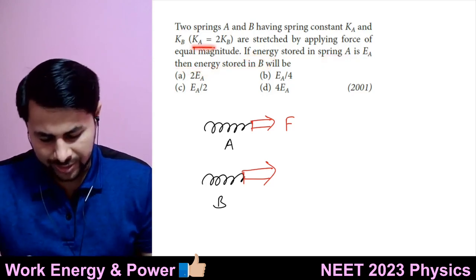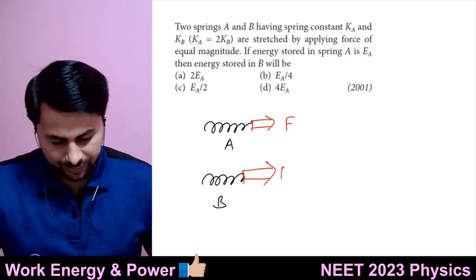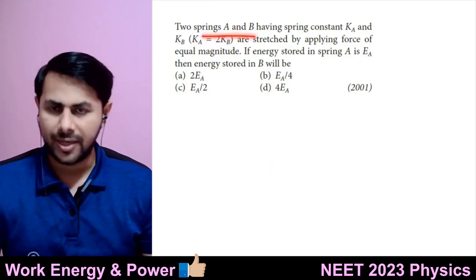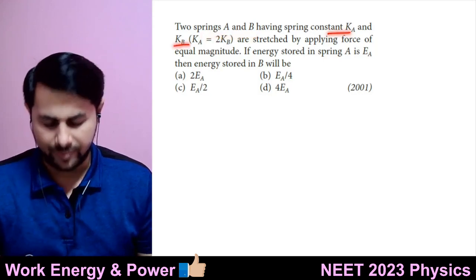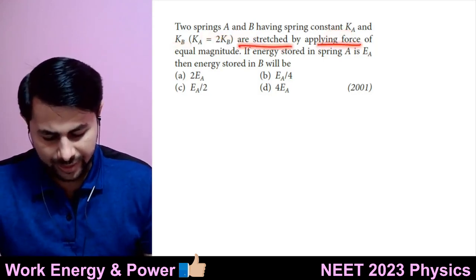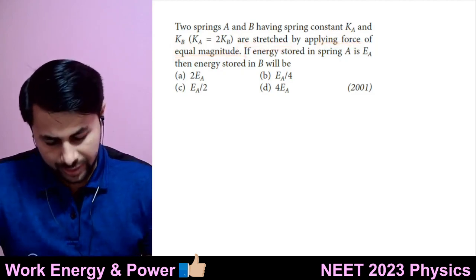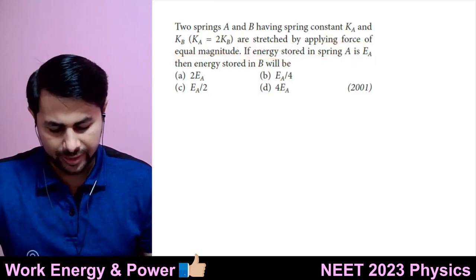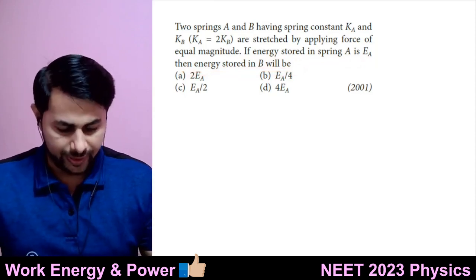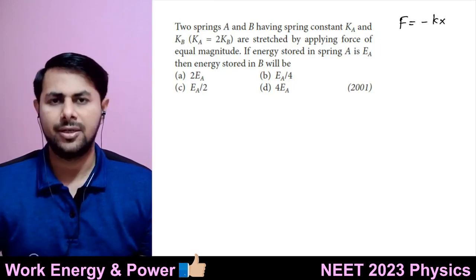So spring constants are given. Ka is equal to 2 times Kb. Forces are equal. The spring force is minus K into X, in magnitude.